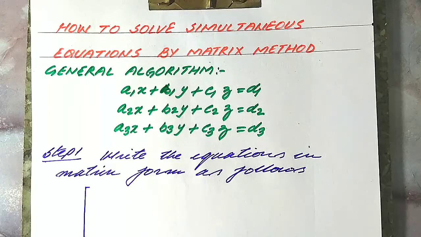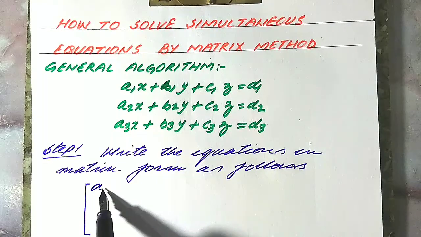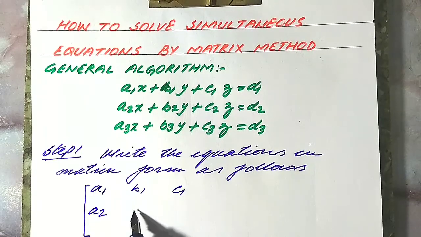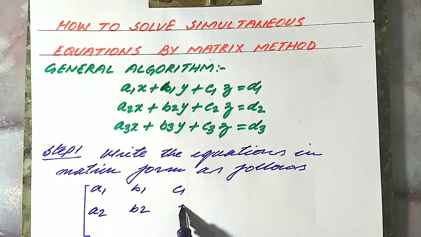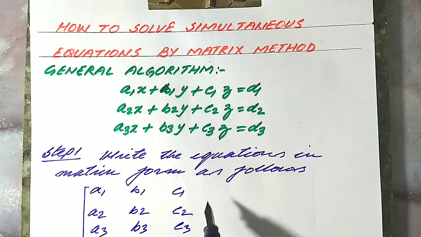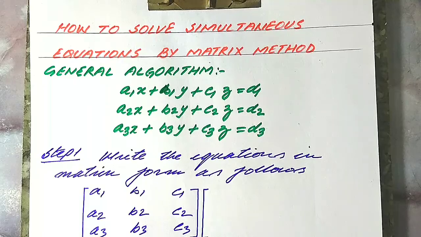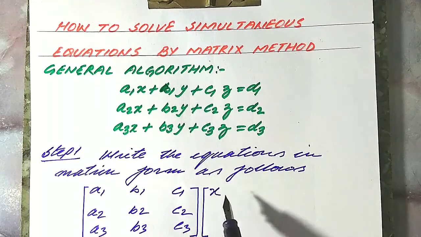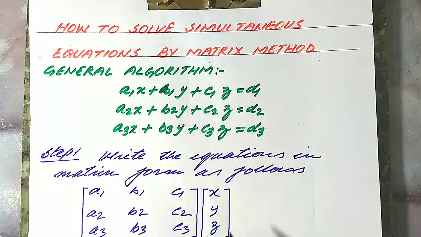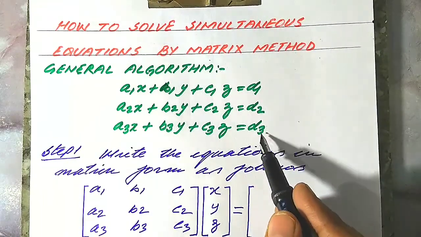So first we write a matrix of the coefficients of x, y, z, that is matrix a1, b1, c1, a2, b2, c2, a3, b3, c3, matrix closed, then multiplied by a column matrix of variables x, y, z is equal to a column matrix of constant terms d1, d2, d3.